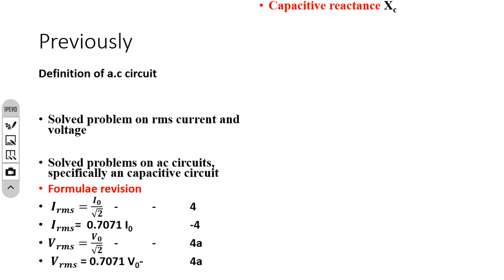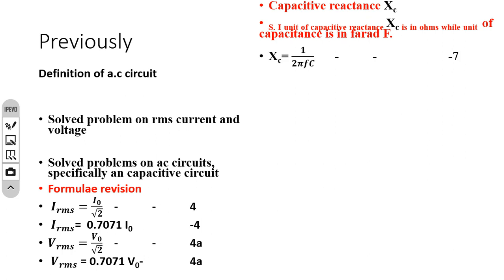Capacitive reactance XC. We had discussed this, the opposition to the flow of alternating current as offered by a capacitor. So you'll see here the SI unit is in ohms, while the unit of capacitance is in farad.